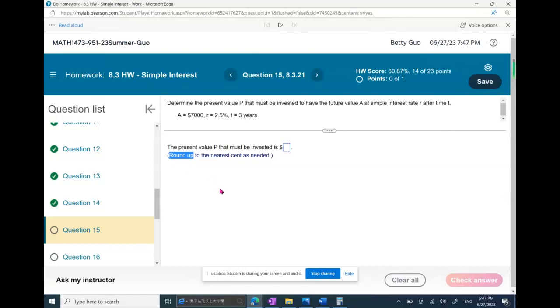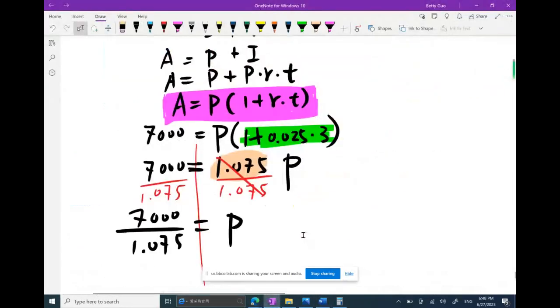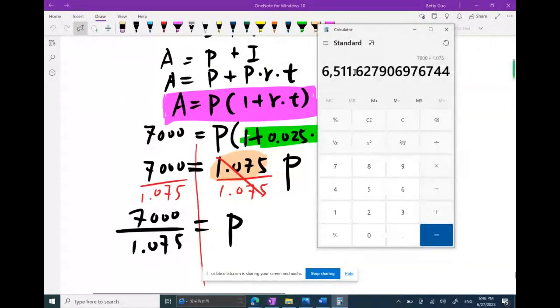When we try to determine the principal, how much money we borrow or invest in order to reach a certain future value of the account, we need to make sure you will not have a shortage because of the rounding. So for that reason, we always round up. In this case, it tells you round up to the nearest cent. Let's see, how do we round it up?